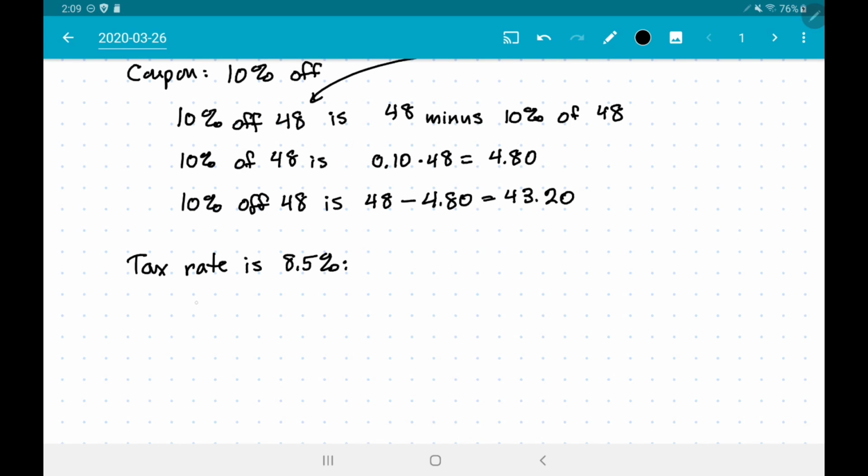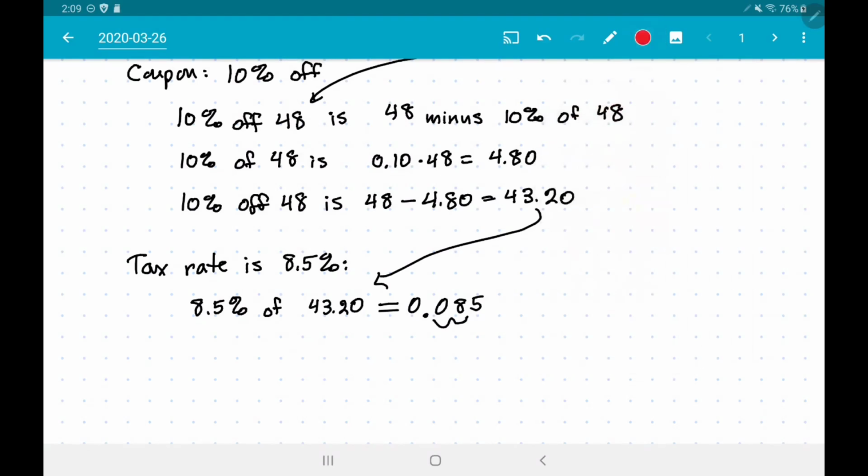Okay, so 8.5% of, and I'll use the 43.20 from the result of the previous calculation. Now this is a part where it's easy to trip. To convert 8.5% to a decimal, you hop the decimal point 2 notches to the left, and you have to stick in an extra 0.